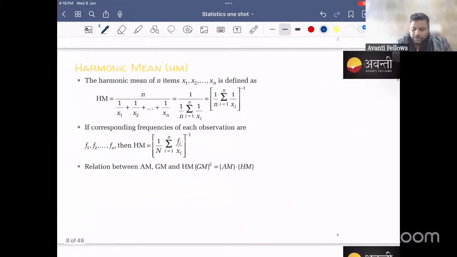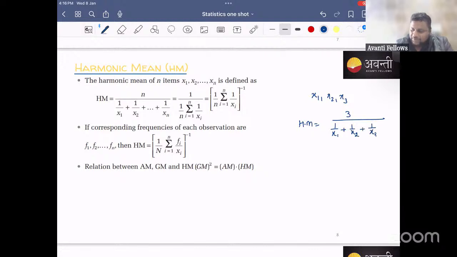Understood? Now let's come to harmonic mean. Harmonic mean of, again I will take an example, the observations x1, x2, x3. Harmonic mean will be 3 divided by 1 by x1 plus 1 by x2 plus 1 by x3. Got it?